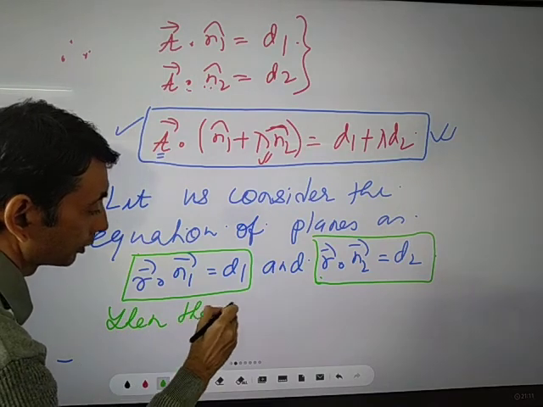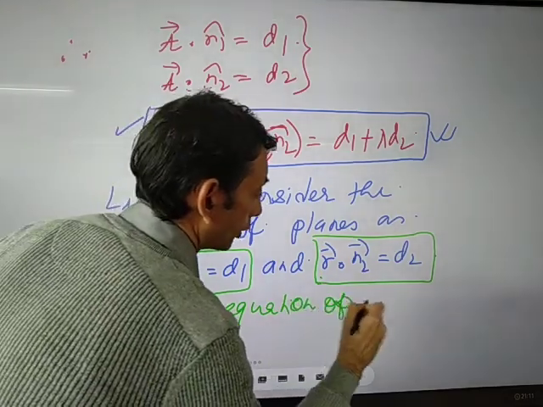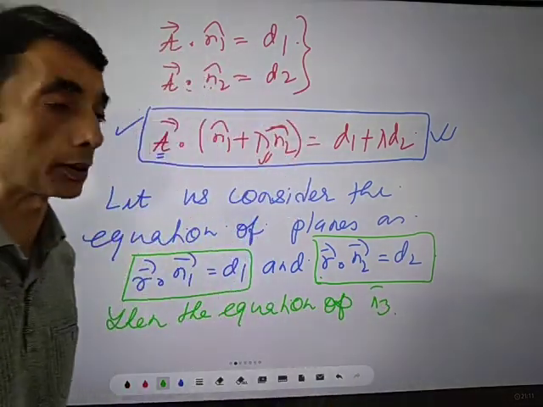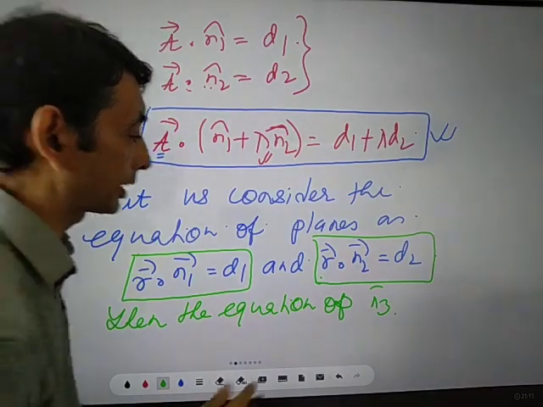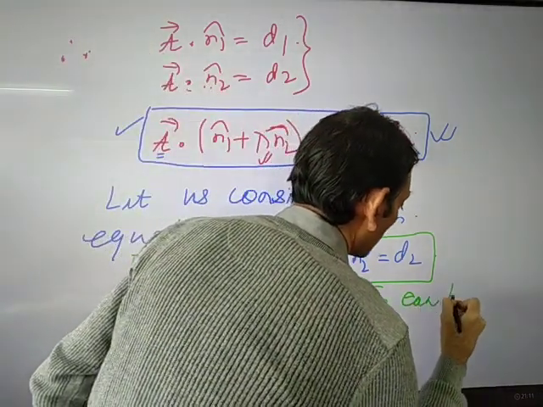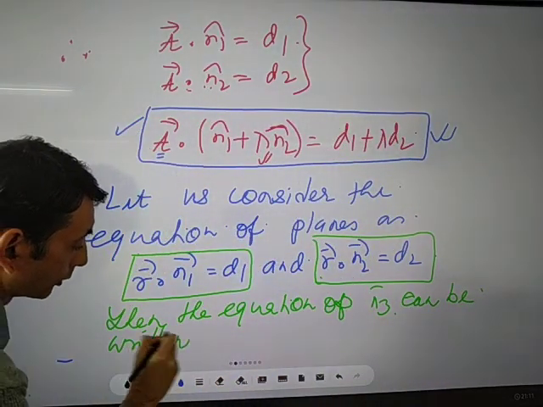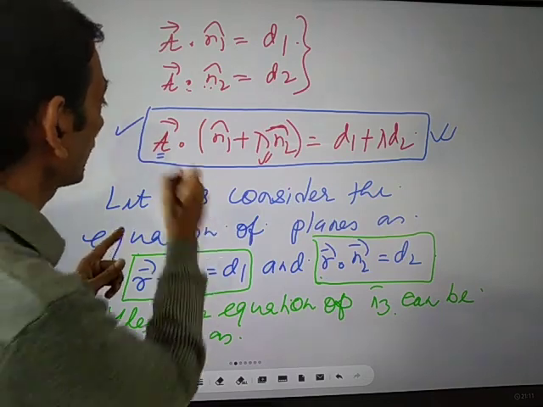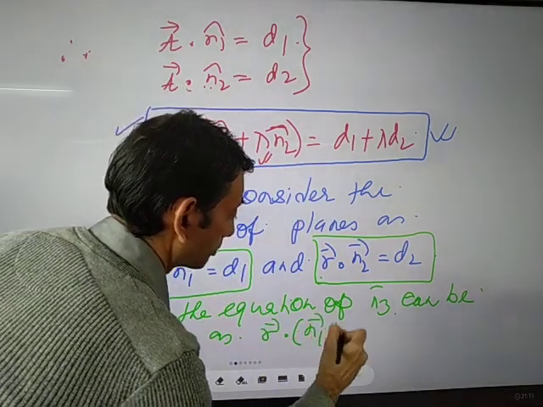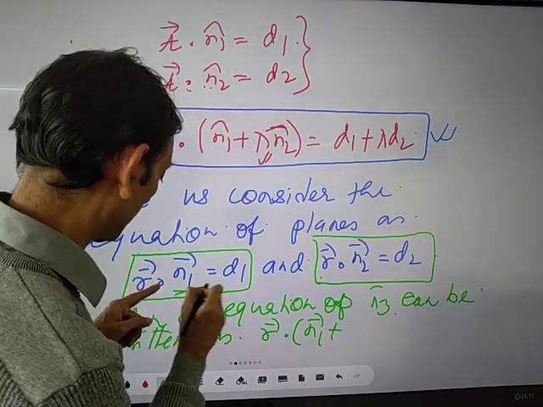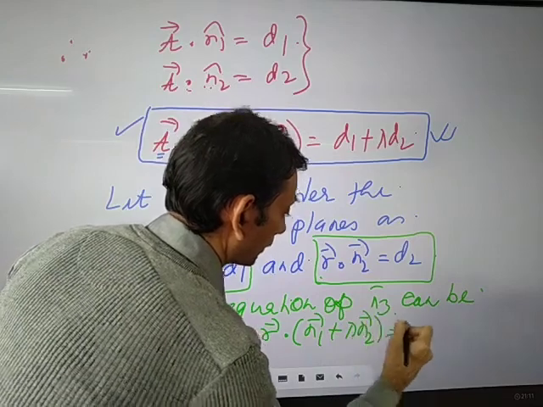the equation of pi3, that is the equation of the plane that passes through the intersection of the two planes, can be written in exactly similar form: r dot (vector n1 plus lambda vector n2) equal to d1 plus lambda d2.